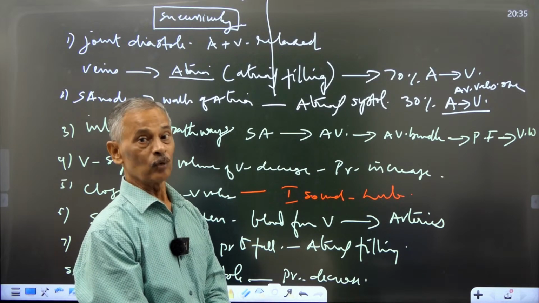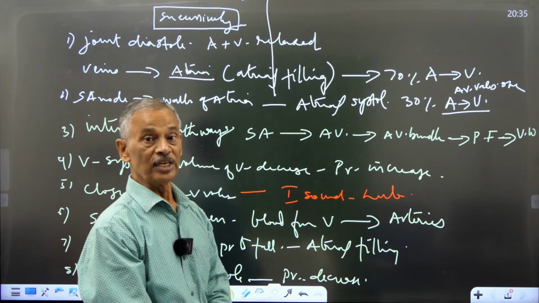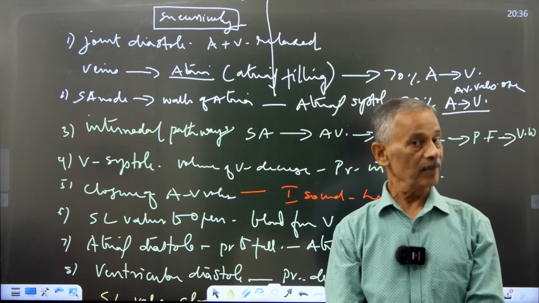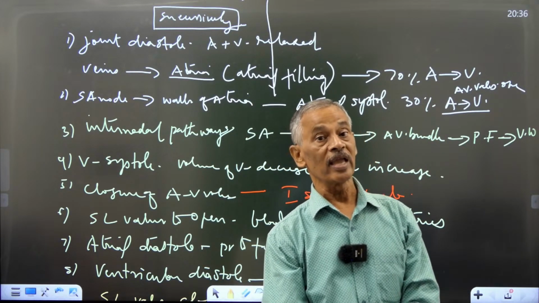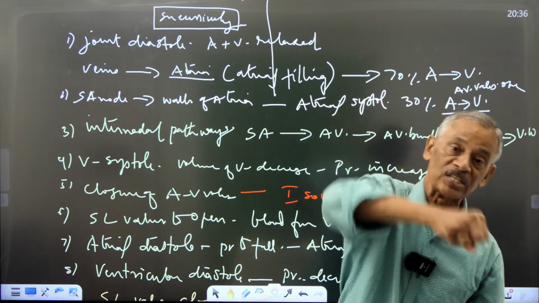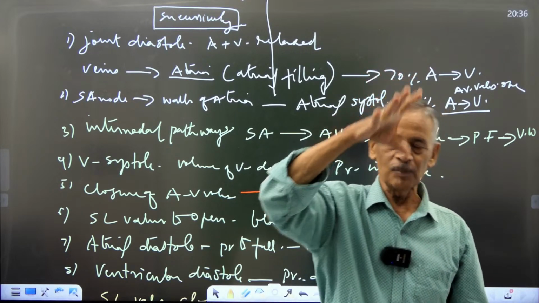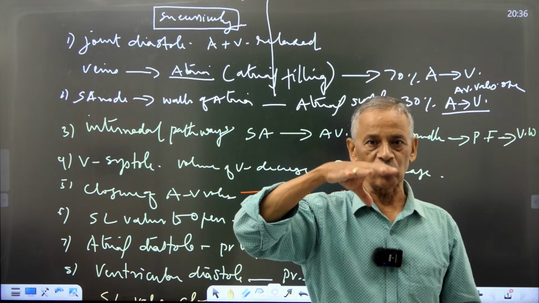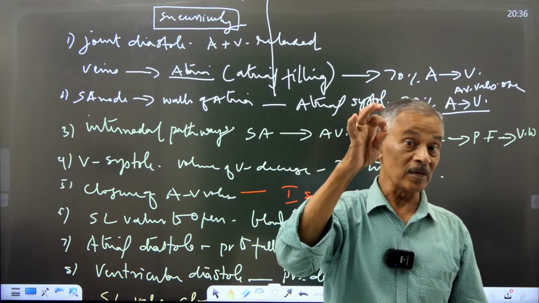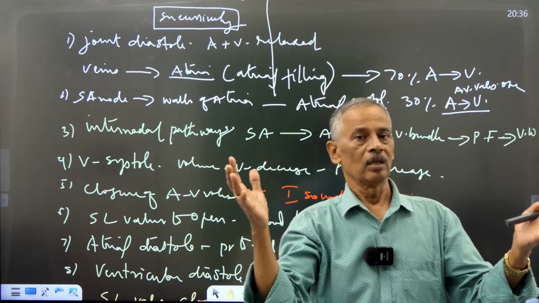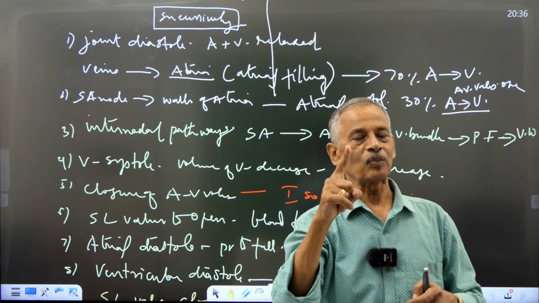So during ventricular diastole, 70% of the blood is flowing from the atria to the ventricle and the remaining 30% of the blood is flowing when the atria are in systole. Atrial contraction will cause 30% of the blood to flow from the atria to the ventricle, whereas 70% of the blood is flowing when the ventricle is in diastole. Is that point clear?